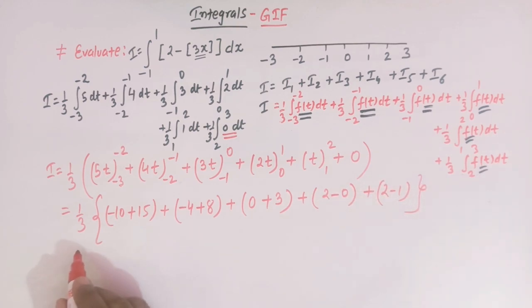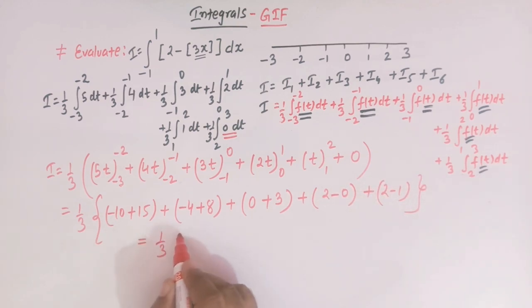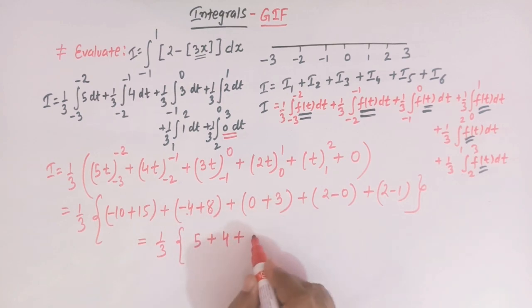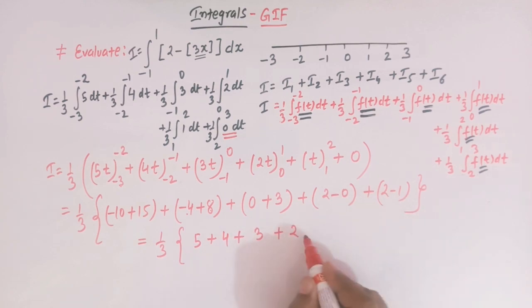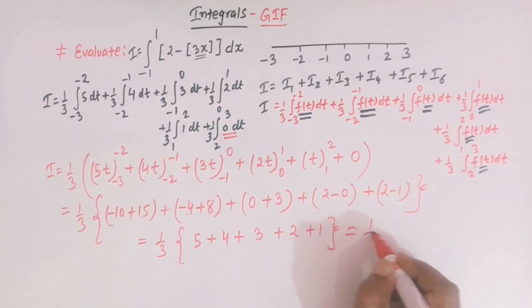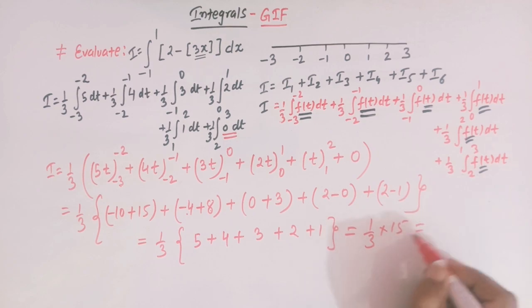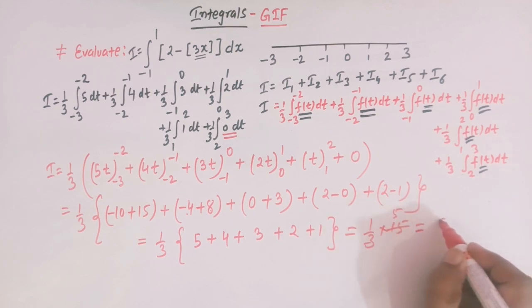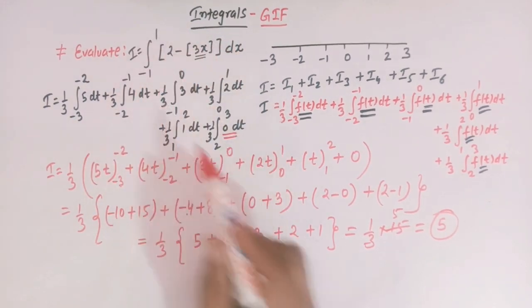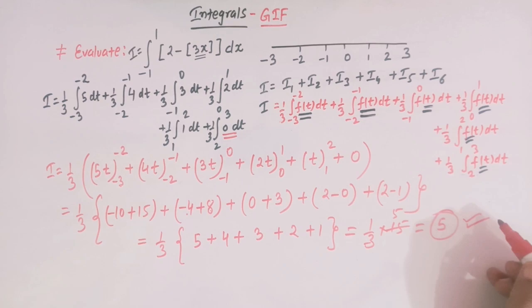Now we can calculate this value. 15 minus 10 is 5, 8 minus 4 is 4, this is 3, this is 2, and here we have 1. So 5 plus 4 is 9, plus 3 is 12, plus 3 is 15. Here we have 15, and 3 fives are 15, so we have 5. So viewers, the value of this integral is equal to 5.